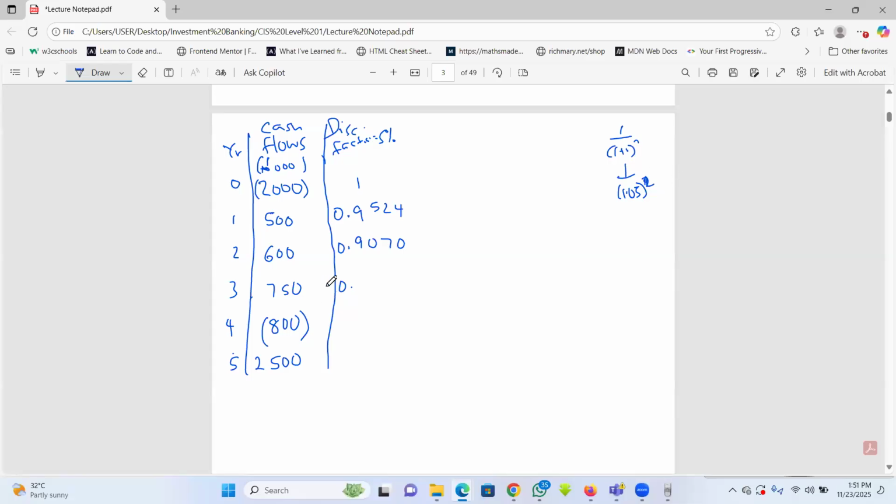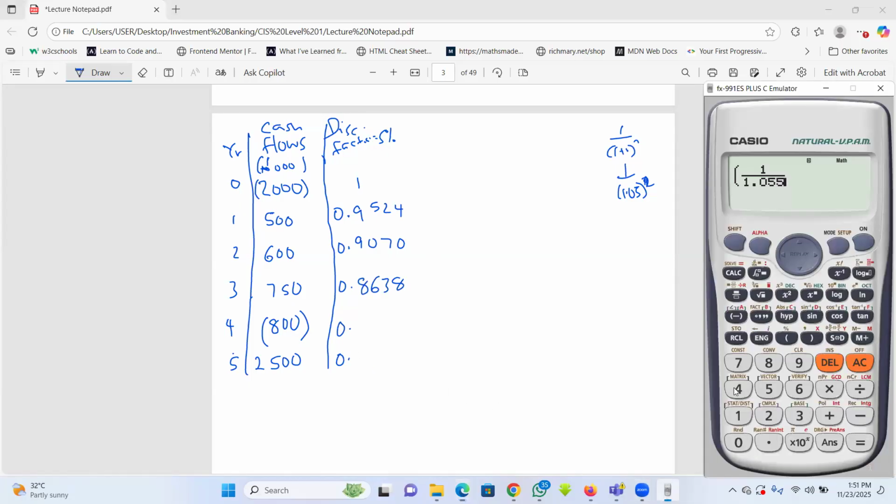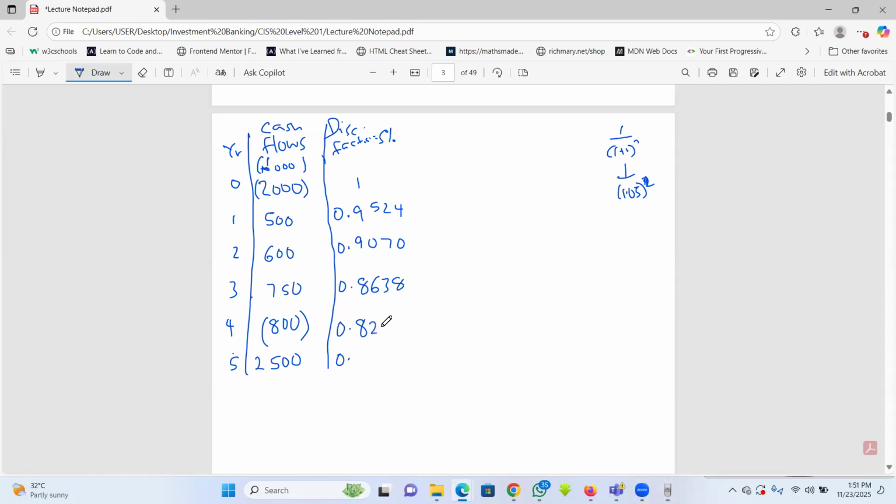Raised to power 3 now. 0.8638. To the power 4. 0.8227. And then to the power 5. 0.7835. Okay, so we're done with the discount factor.